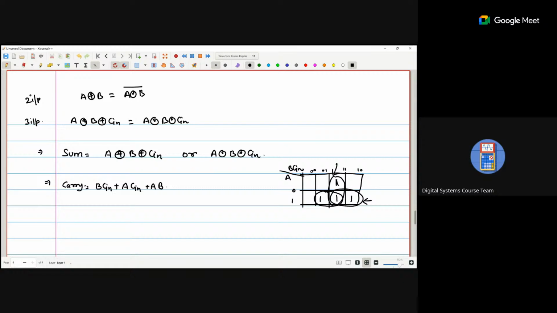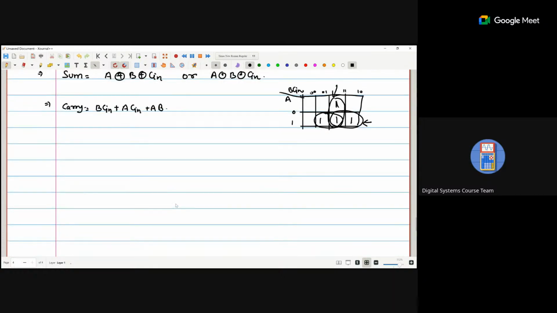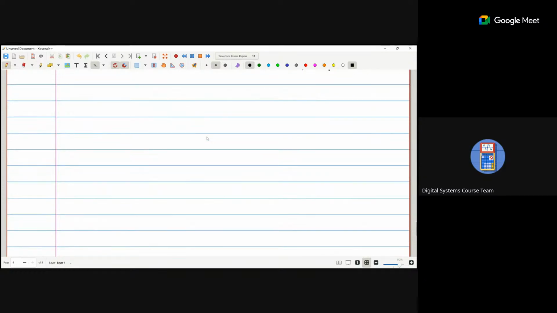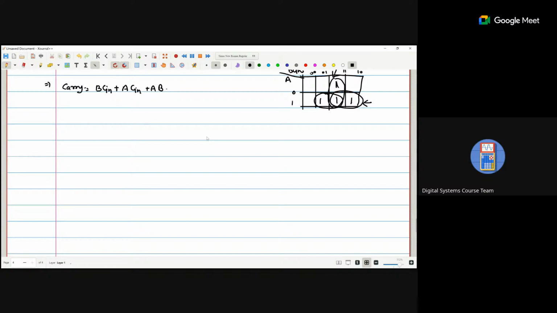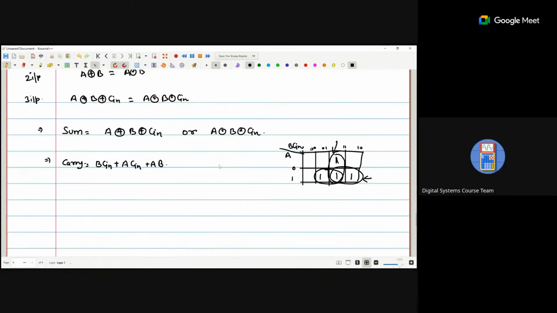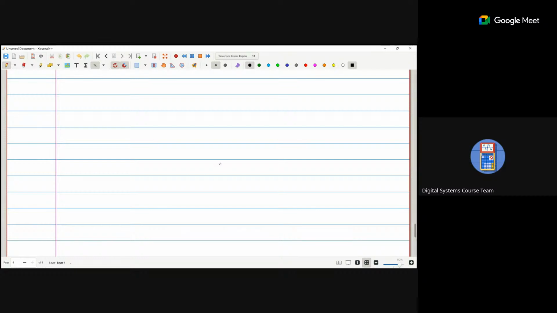Now if we are talking about the subtractor, for example if we are talking about A minus B, the basic concept is that in digital there is no subtractor, there is no divider, only the adder and multiplier are possible.